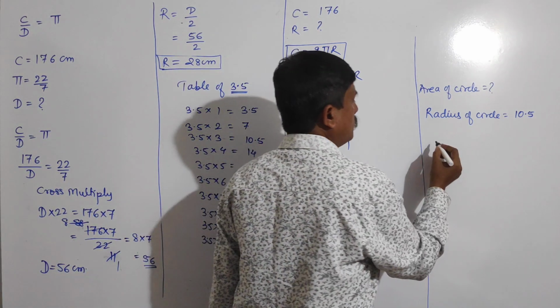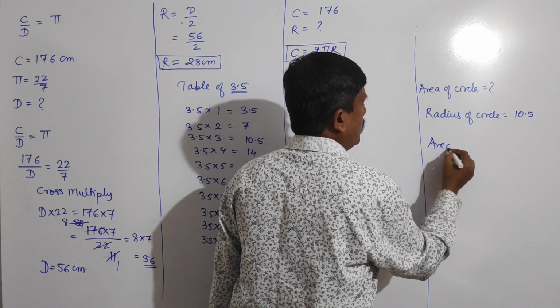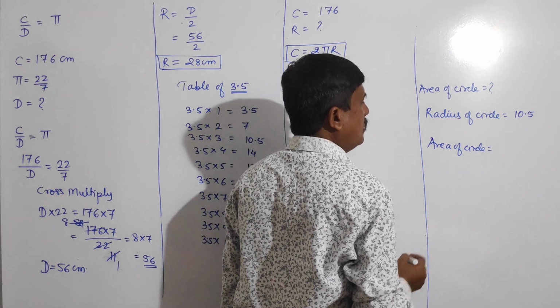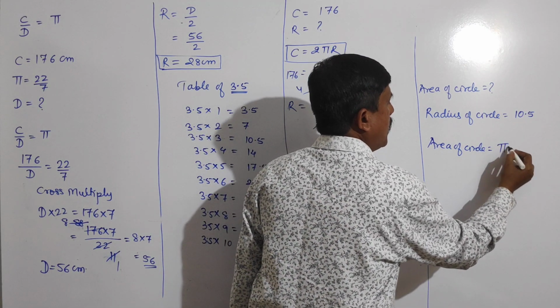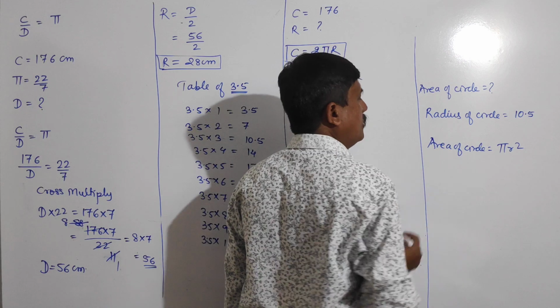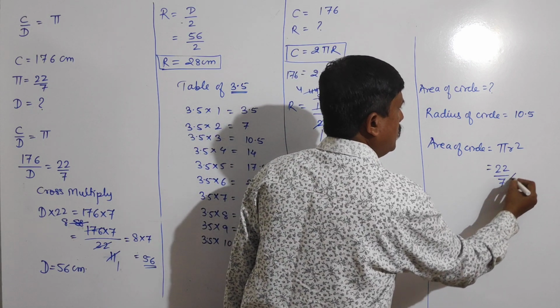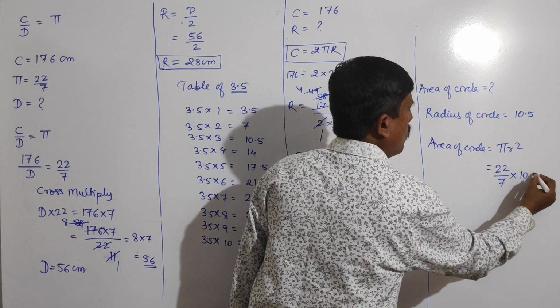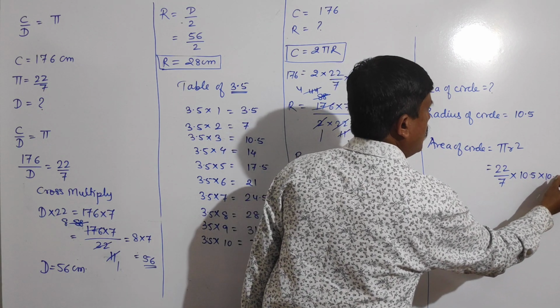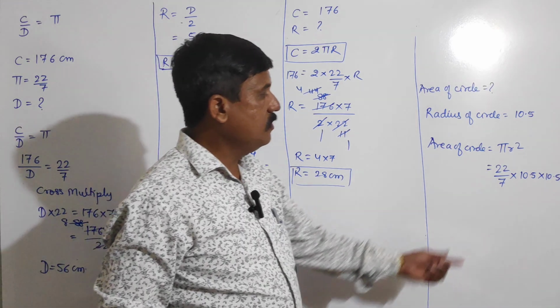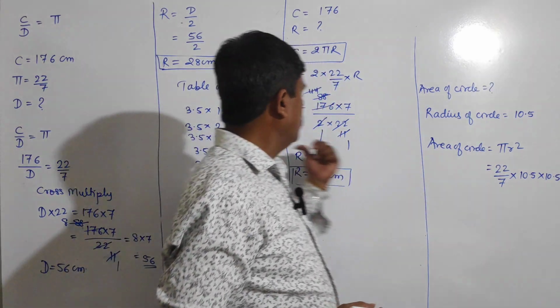Find the area of circle. So what is the formula for area of circle? Pi r square. Right? So what is the value of pi? 22 upon 7 into what is the radius? 10.5 multiplied by 10.5. Right? Here you will need the table of 3.5.